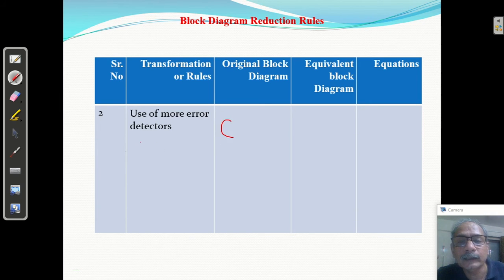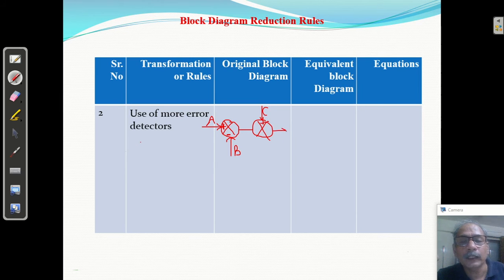Here the input A is plus, here the signal B is given as minus, and here again a plus, signal C is given.